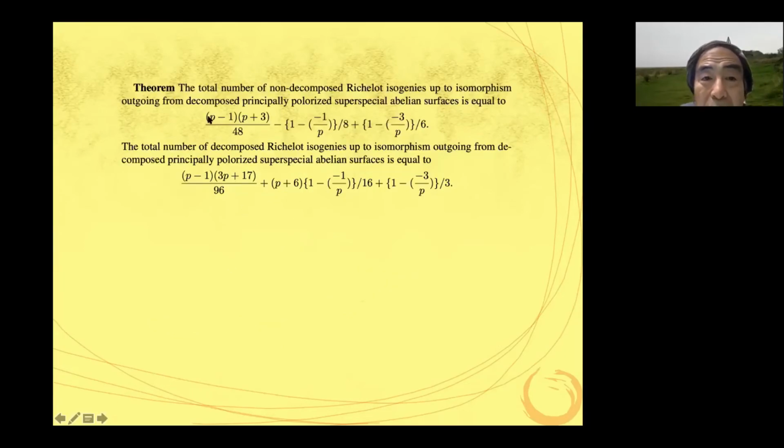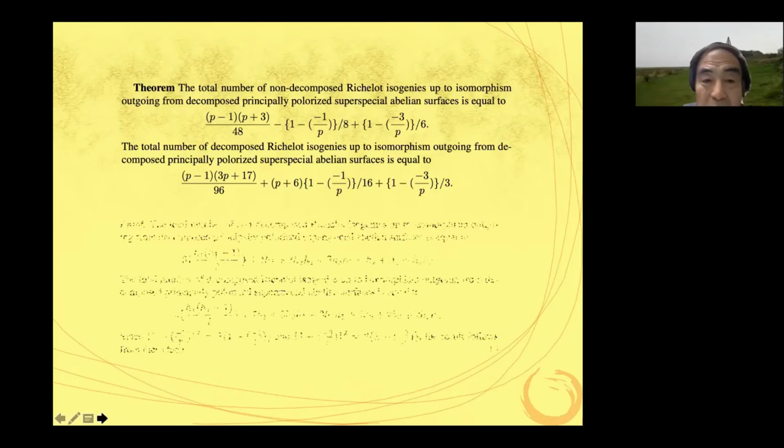Now the total number of non-decomposed Richelot isogenies up to isomorphism outgoing from decomposed principally polarized superspecial abelian surfaces is equal to this number. And also the total number of decomposed Richelot isogenies up to isomorphism outgoing from decomposed principally polarized superspecial abelian surfaces is equal to this number.